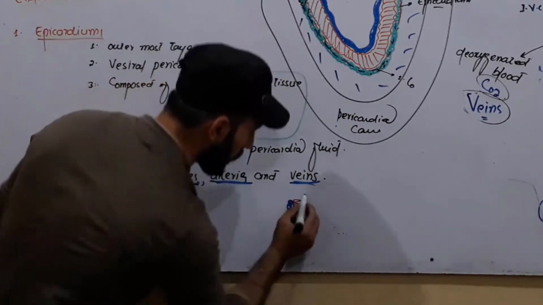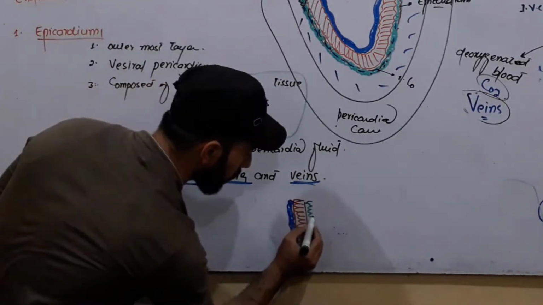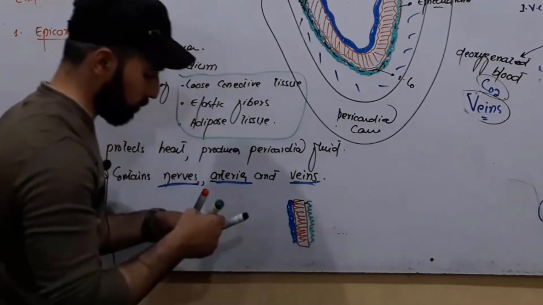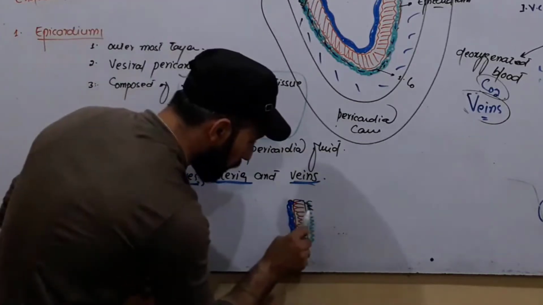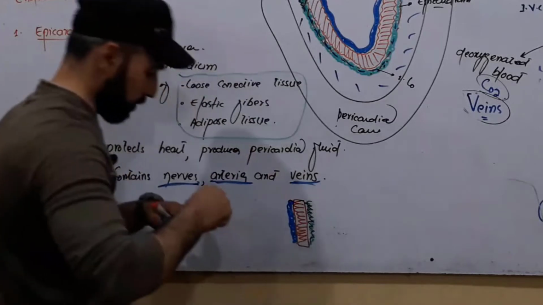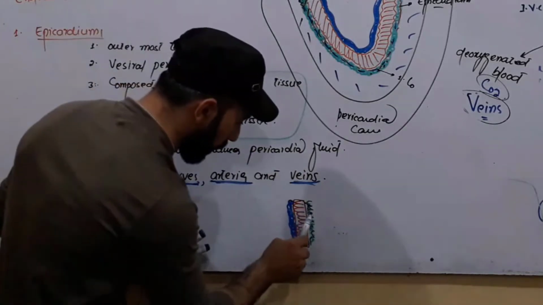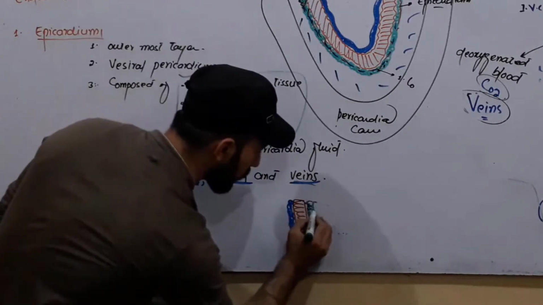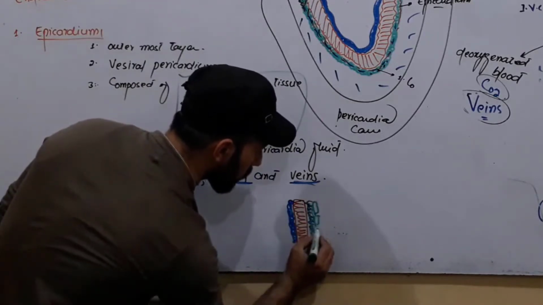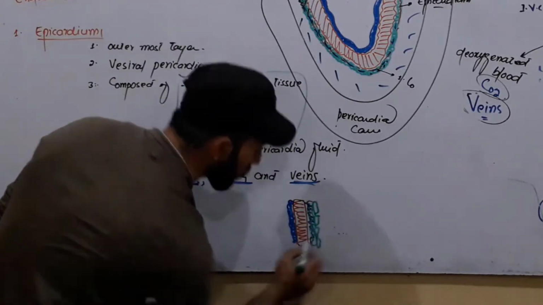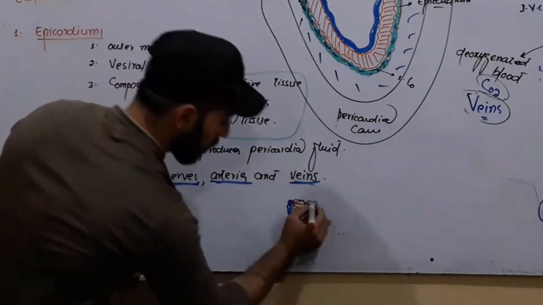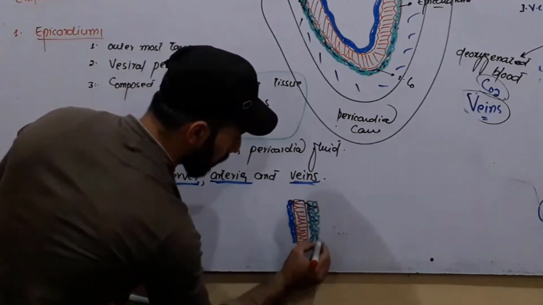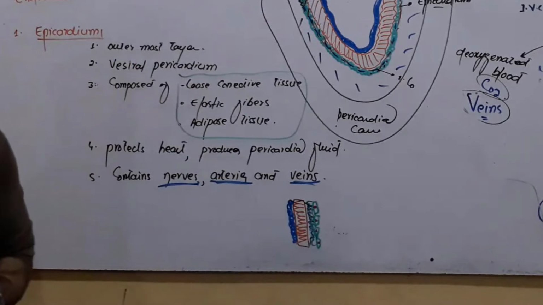Here are those tissues: loose connective tissue, adipose tissue, and some elastic fibers are also present there, and here are some special cells, and these cells help in the production of pericardial fluid.